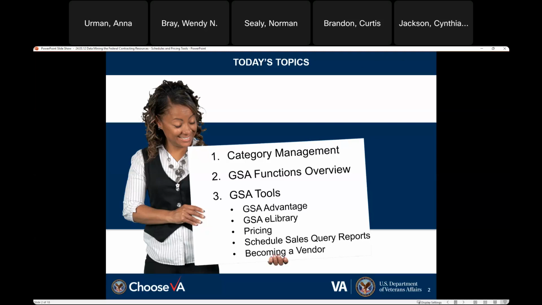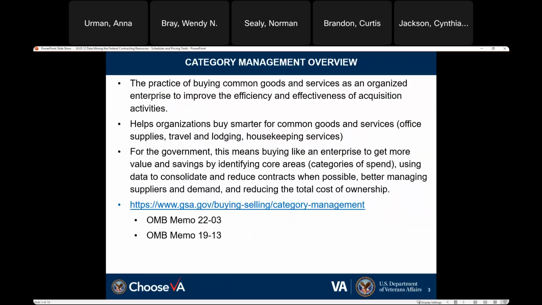All right, so I don't want to spend too much time on category management, but I do want to let you know the concept. You may hear it from other federal agencies, you may hear it in industry. Category management as a concept is the ability to aggregate demand so that the organization as a whole can get economies of scale.